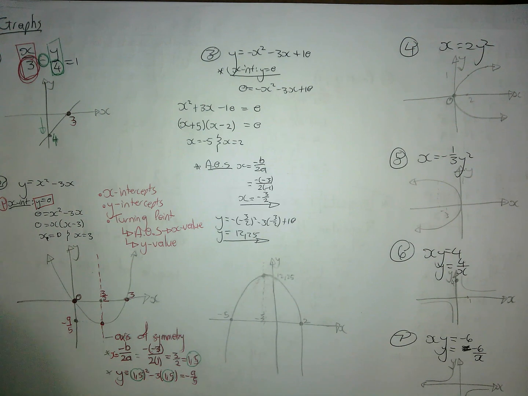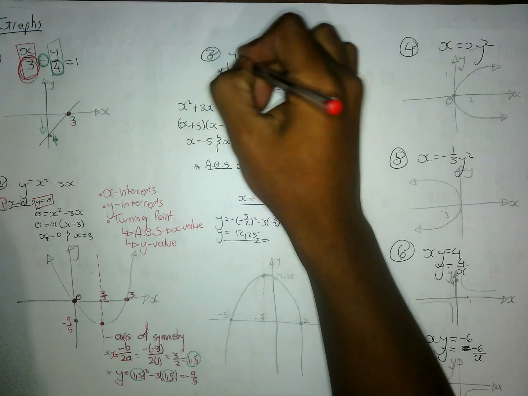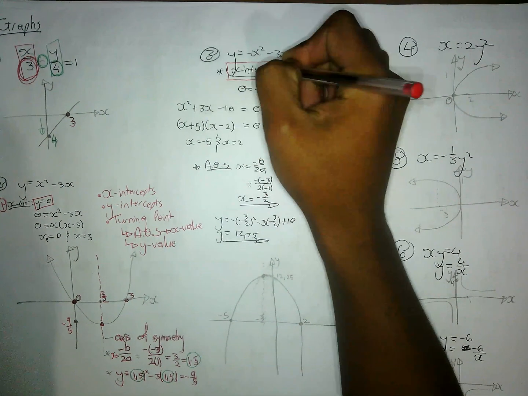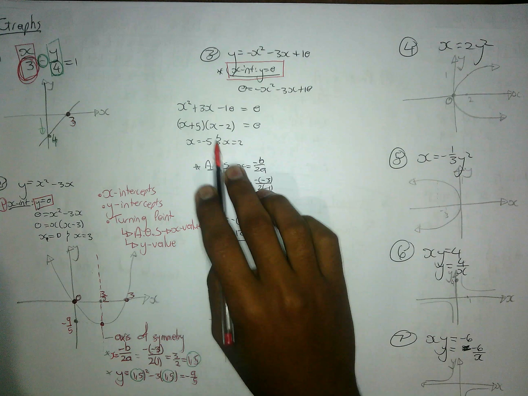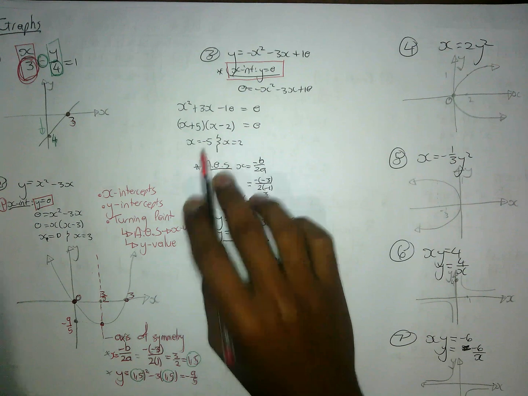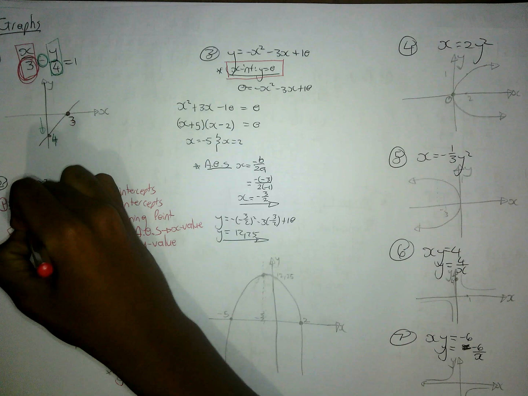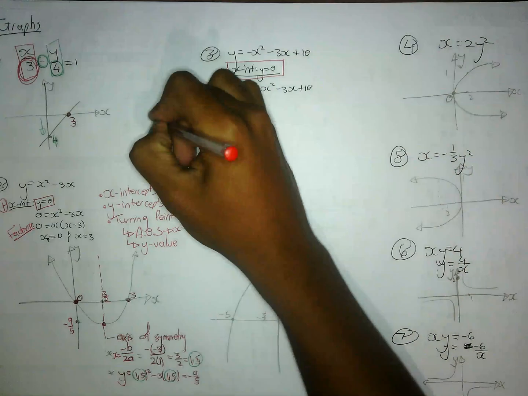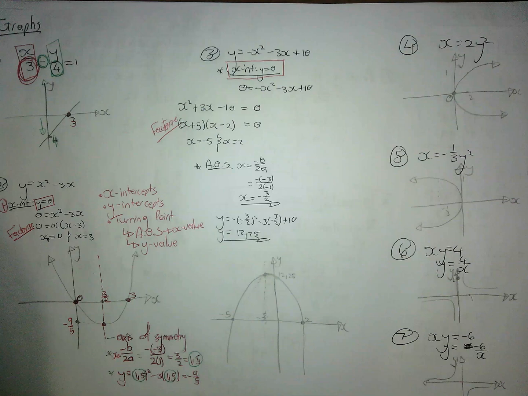Only difference, but the exact same steps follow. First thing we do, we get the x-intercepts. We set y equal to 0 and factorize, and we get our x values.